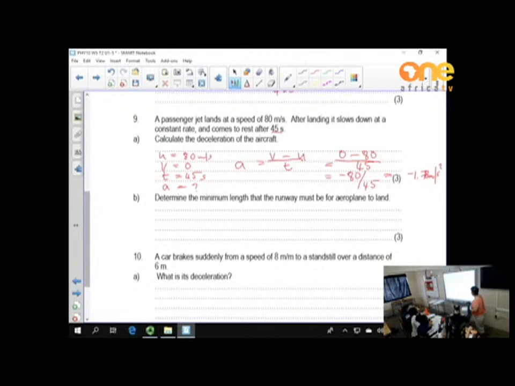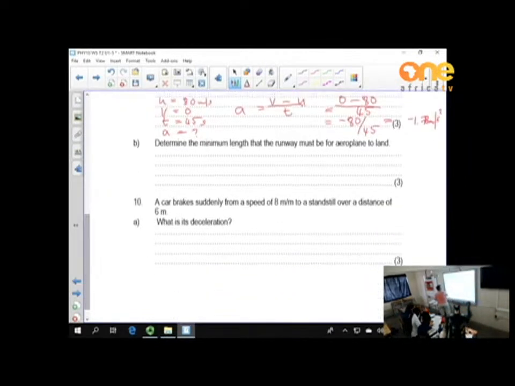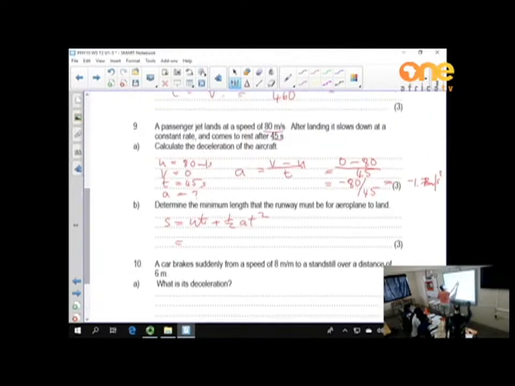Okay. Determine the minimum length of the runway. Displacement is ut plus half at squared. What is initial velocity? 80.